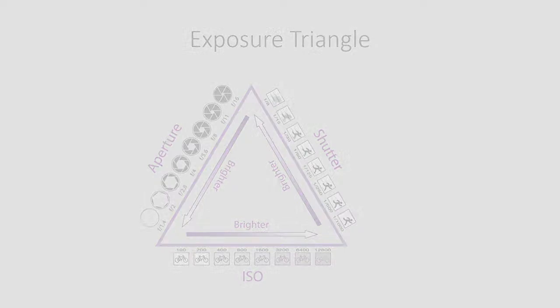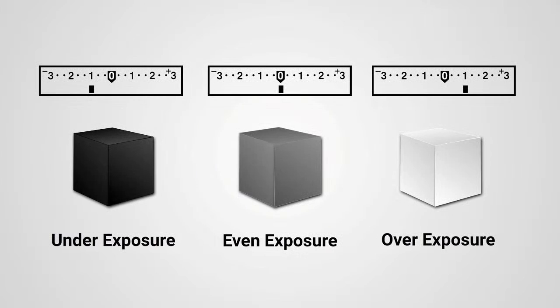Now, what happens when the exposure is exact? For example, here there is a gray box, and your camera tries to photograph it, and it shows in the center. When you click it, an even exposure will be there, and that even exposure will give you a gray box. If you underexpose that particular picture, the gray box will be shot as a dark box, whereas when you overexpose it, it will be shot as a white box.